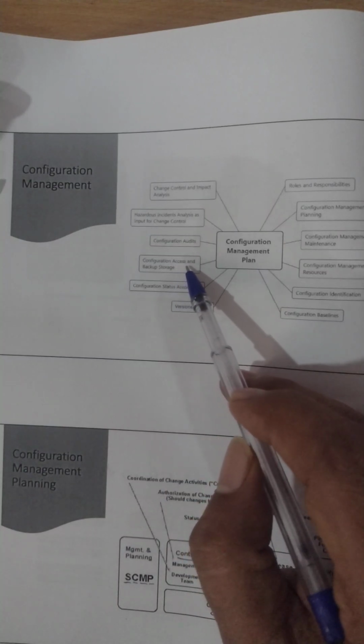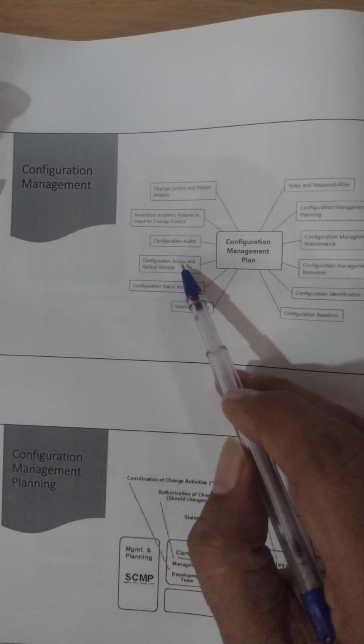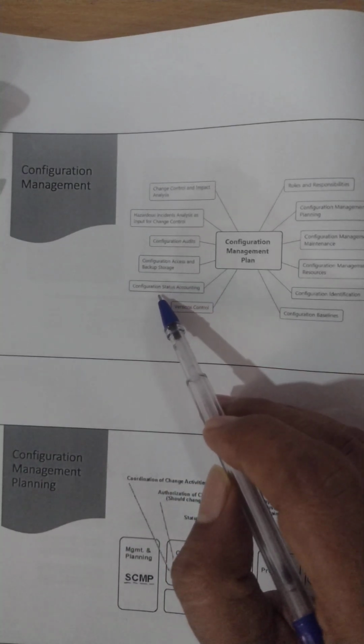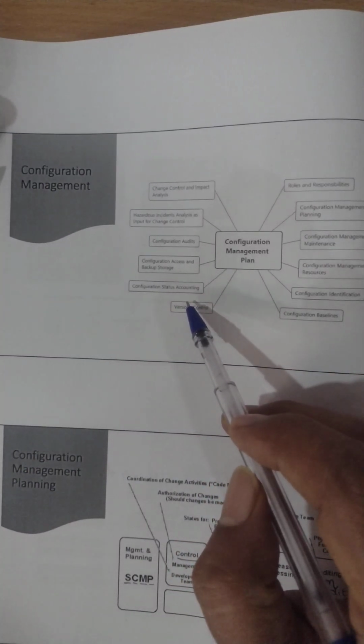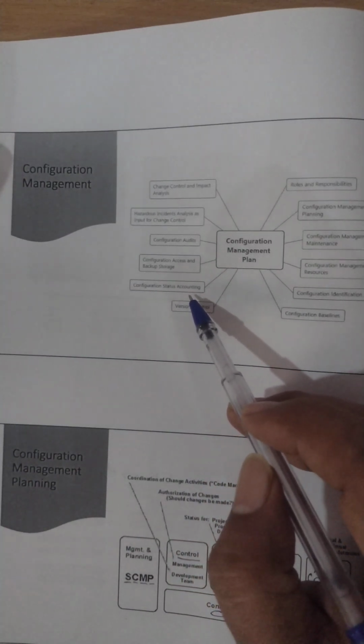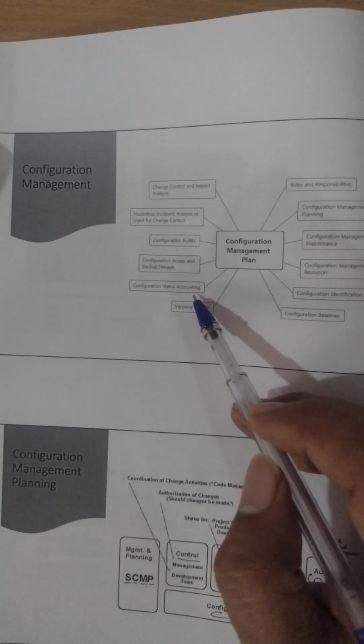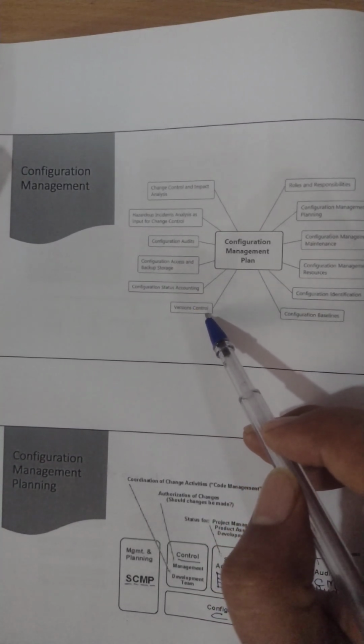So not assessment, this is access, meaning how we are going to access the data. Configuration status accounting means it gives the status of various configurable items, whether they are managed and controlled, or configuration controlled, or like that.